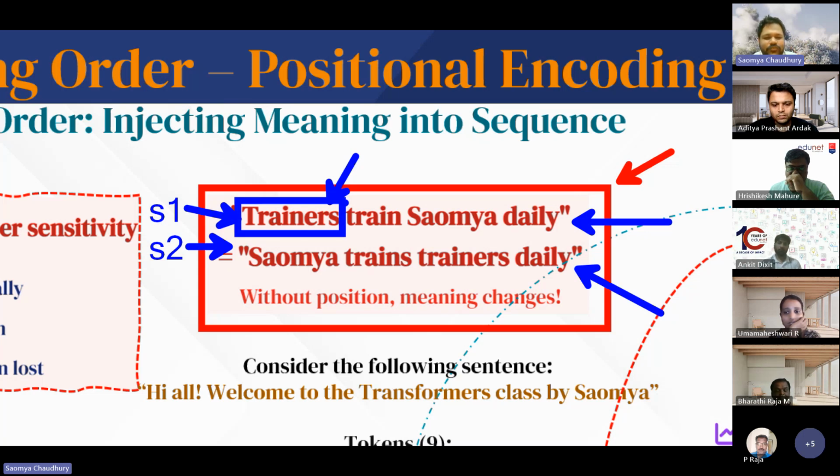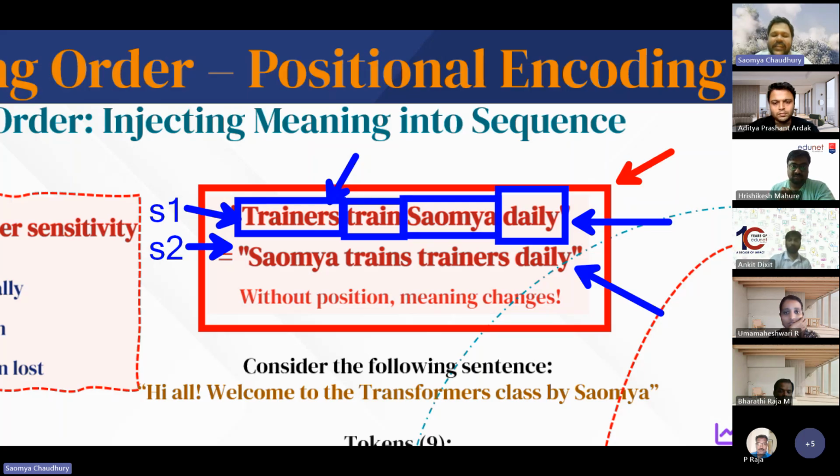Each of these words is formally referred to as a token, in the space of transformers, or even in the space of NLP. So these are word tokens. Everyone got the clarity, right?